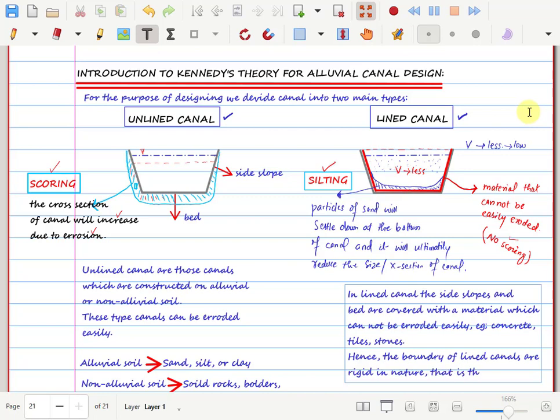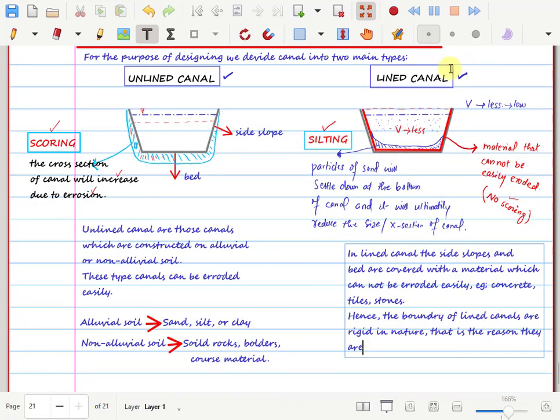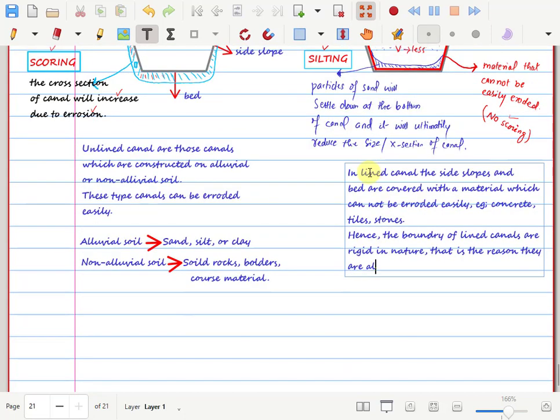That is the reason they are also known as rigid boundary canals. Got it?